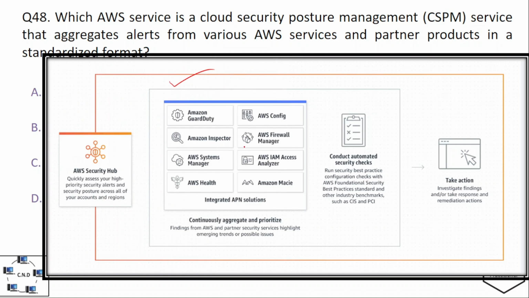As the question indicates, it aggregates alerts from various AWS services and partner products. So here we can see that we have various AWS services, and the alerts from all these are aggregated inside the Security Hub.